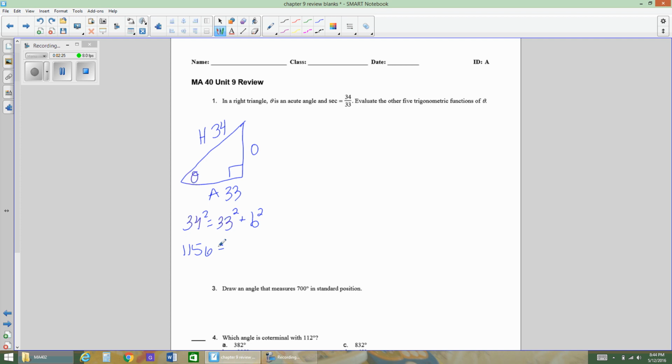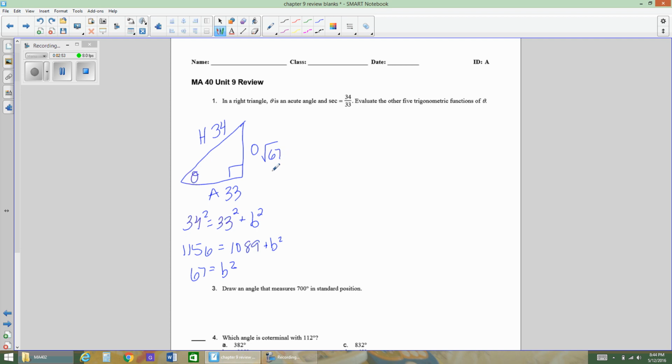So right now in my calculator I'm doing these squares. I'm going to subtract, and I get 67 is equal to b squared, which means this opposite side here is the square root of 67.